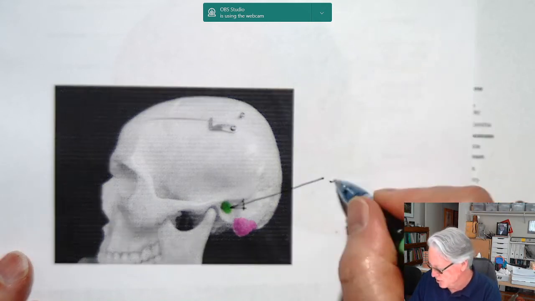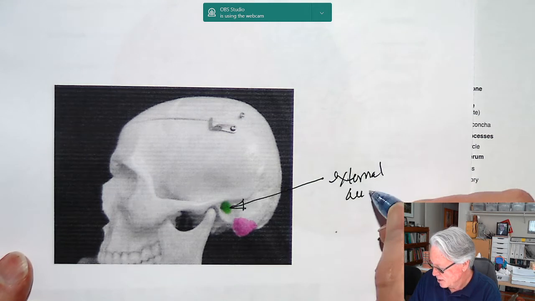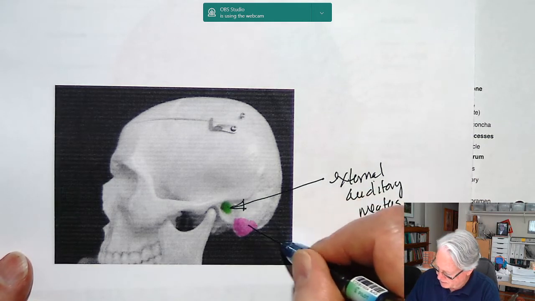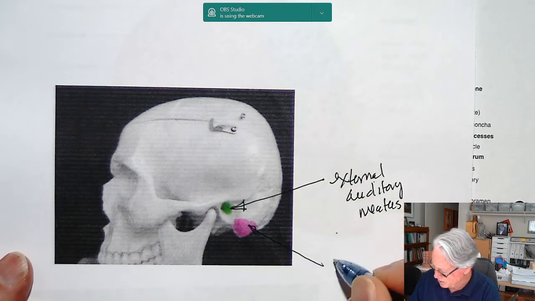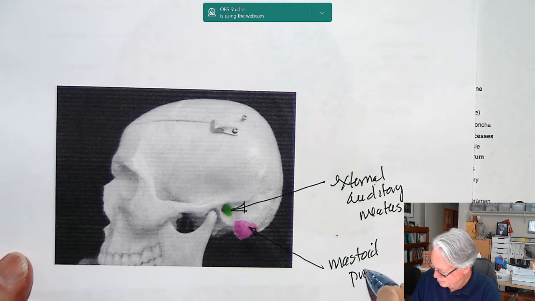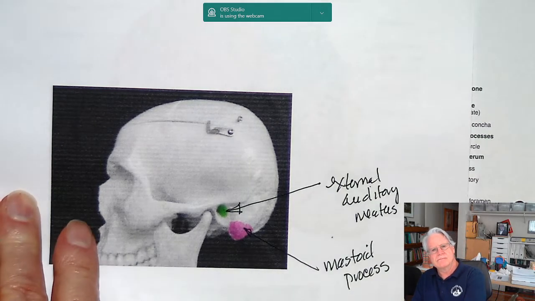That's my external auditory meatus. And then this is the mastoid process. Page 5. Okay.